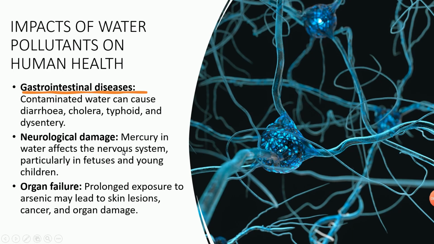Mercury in water affects the nervous system, particularly in fetuses and young children, so there is a chance of damage to them. Then organ failure. Prolonged exposure to arsenic may lead to skin lesions, cancer and organ damage. So these are the impacts of water pollutants on human health.